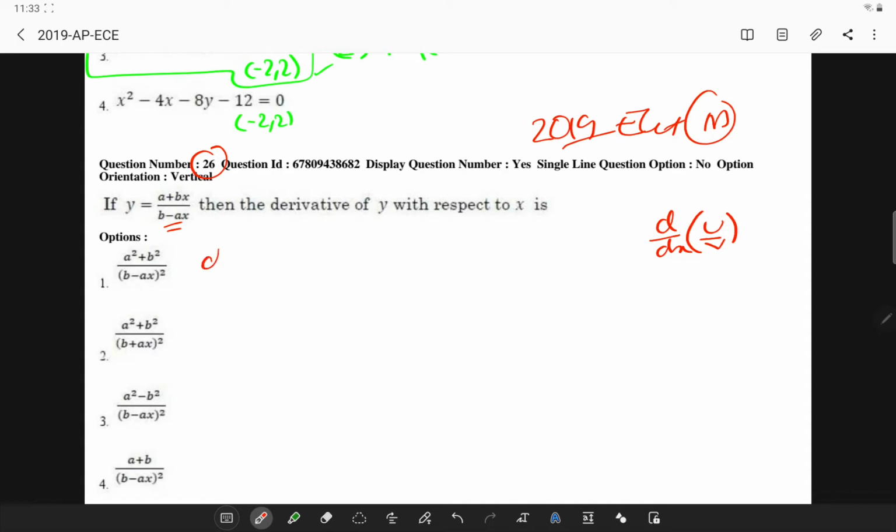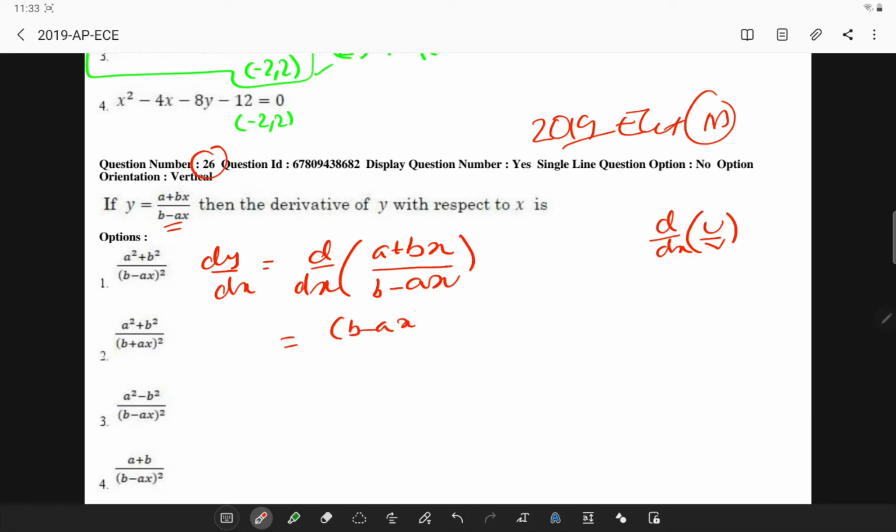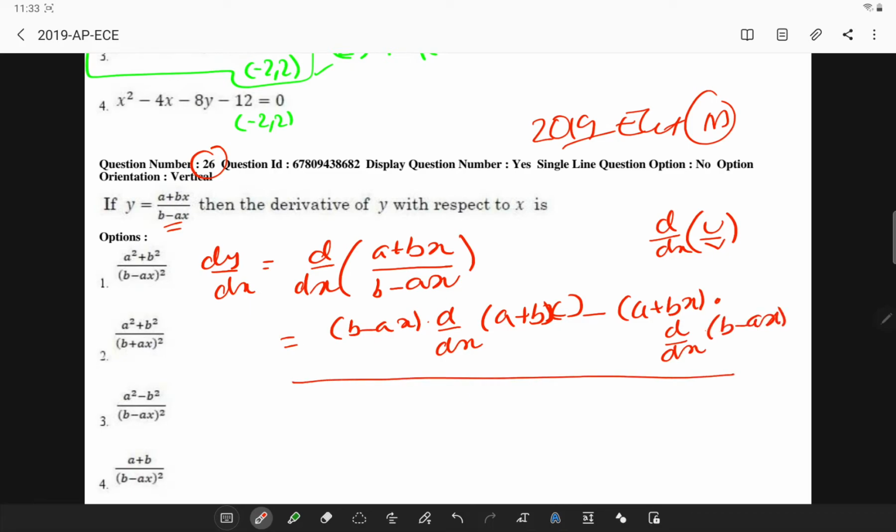So here dy by dx is nothing but dy by dx of (a plus bx) by (b minus ax), which is (b minus ax) into d by dx of (a plus bx) minus (a plus bx) into d by dx of (b minus ax), divided by (b minus ax) whole square.